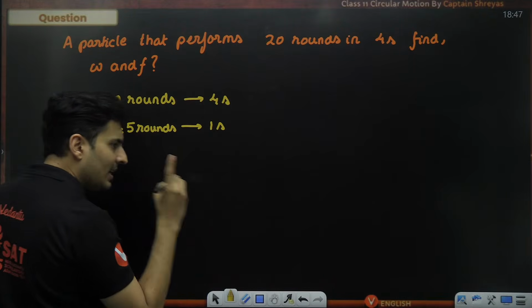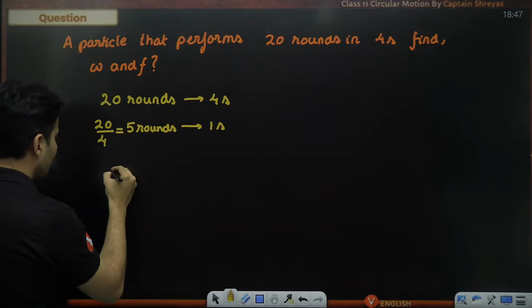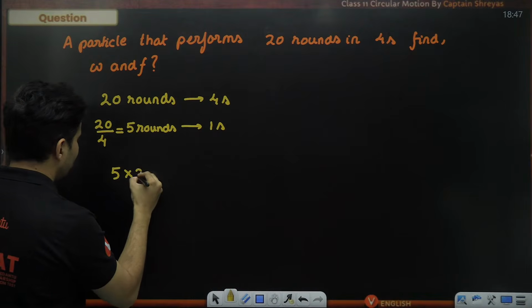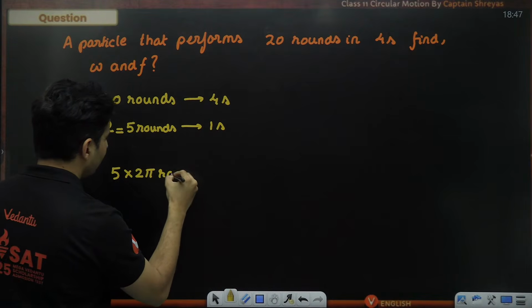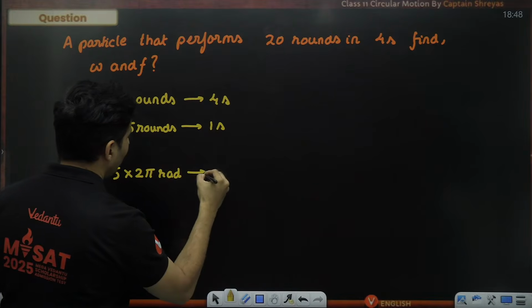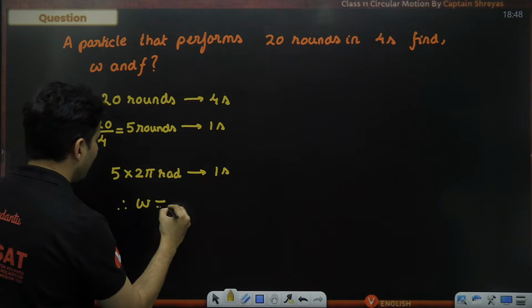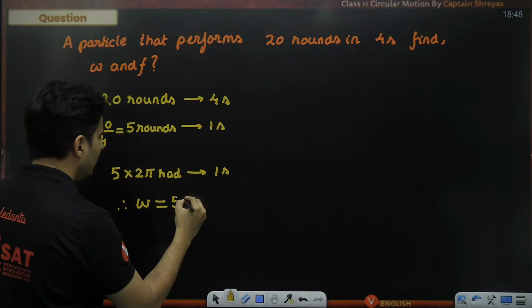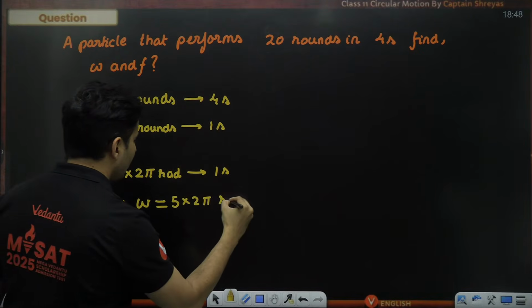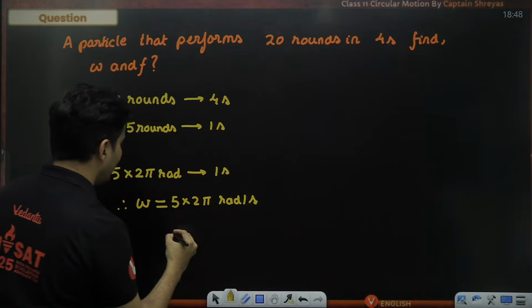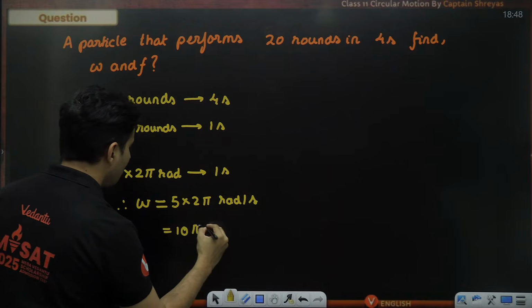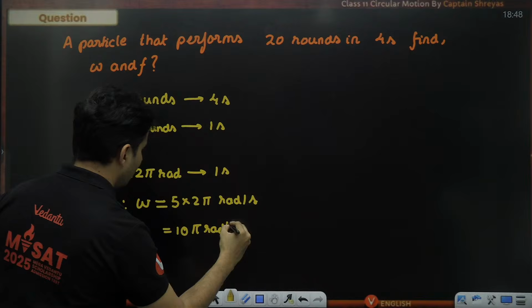But 1 round is 2 pi radians. So 5 rounds is 5 into 2 pi radians. It is doing that in 1 second. So therefore, quickly we can write omega will be 5 into 2 pi radians per second, which is nothing but 10 pi radian per second.